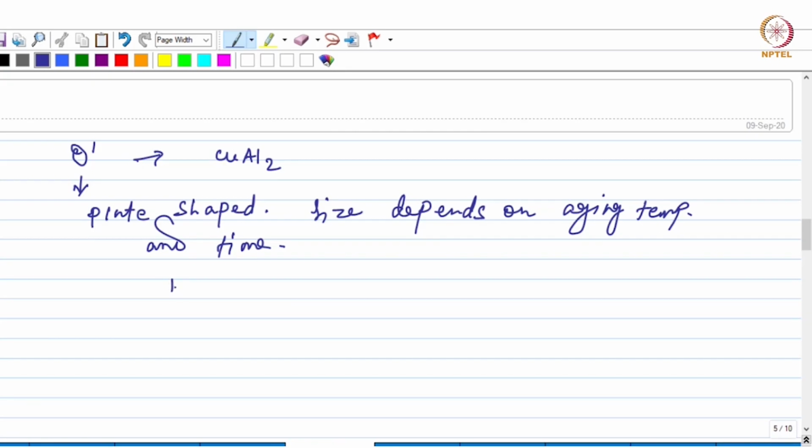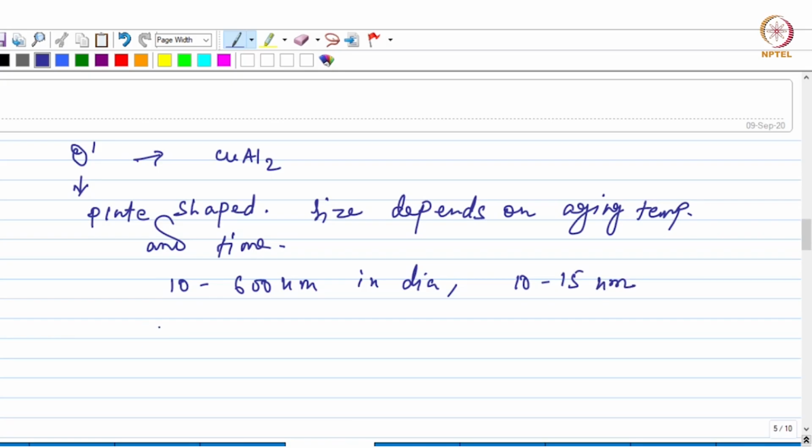Typically, they can have a diameter in the range of 10 to 600 nanometer, and thickness in the range of 10 to 15 nanometer.